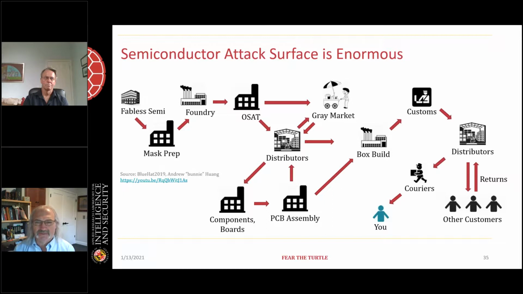So every one of these red arrows in this diagram represents an attack surface where the design can be interrupted or the device can be interrupted, and bad parts can get infected and put into the supply chain.